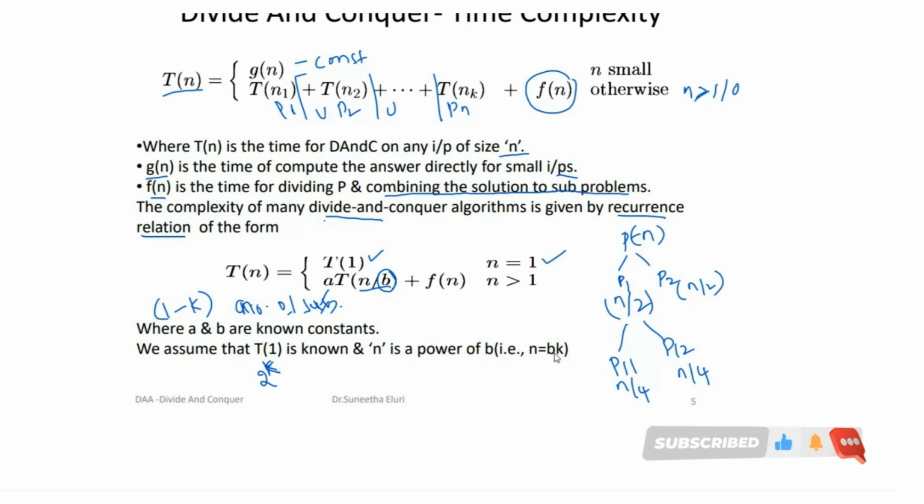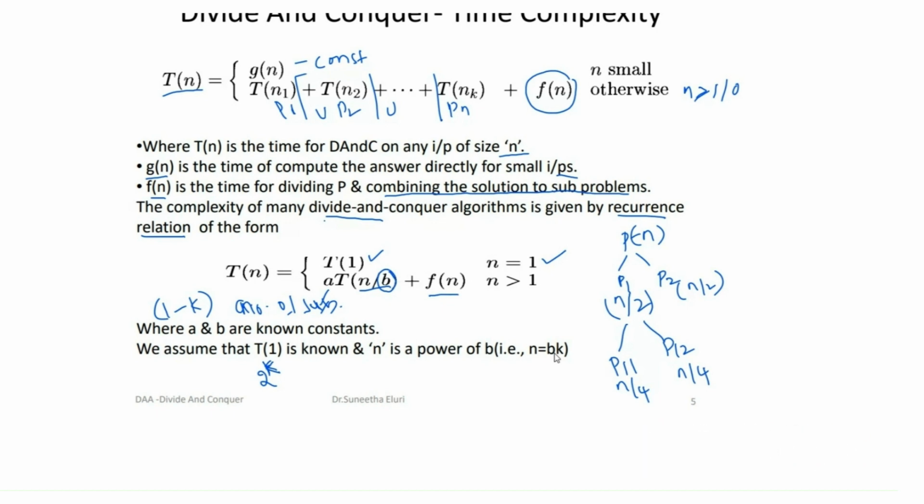And of course, after getting the independent subproblem solutions, I need to combine the solutions, which is equal to f of n. Hence the time complexity T of n for any divide and conquer strategy problem is a into T of n by b plus f of n, where a is the number of subproblems and T of n by b.